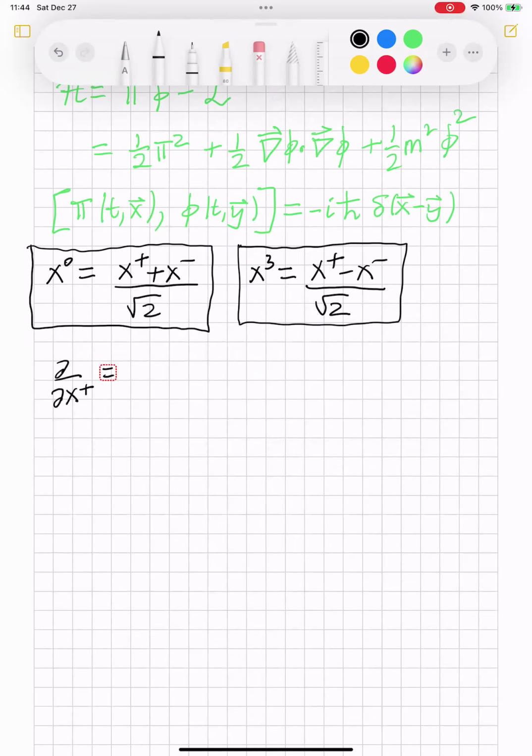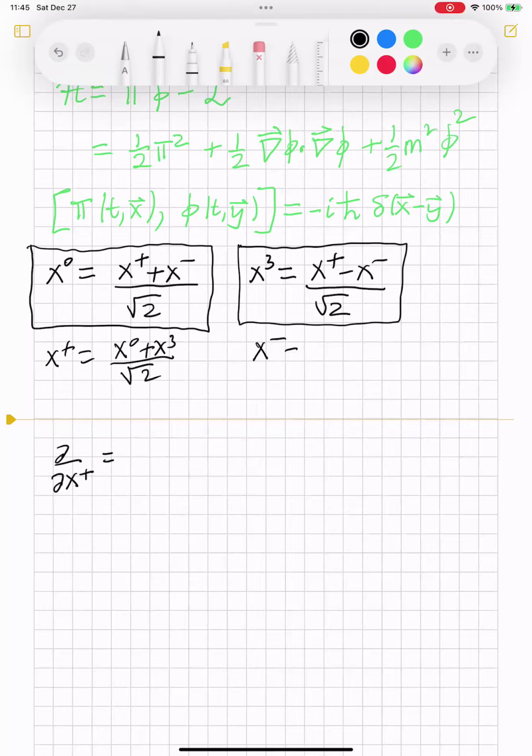Let me put in our formulas over here as well: x plus is equal to x naught plus x3 over the square root of 2, and x minus is x naught minus x3 over the square root of 2. So if something is a function of x plus and x minus, it is a function of x naught and x3.